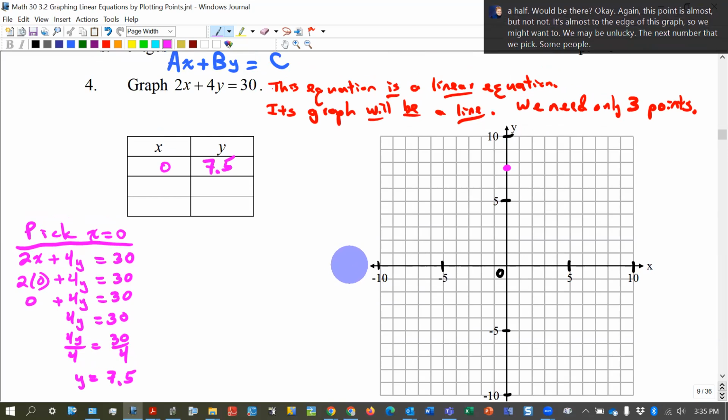Some people will just always pick X equals 0, and then for their second one, they'll always pick X equals 10, and for their third one, they'll maybe pick X equals -10. Or maybe they'll always pick 5 and -5 or something like that. That's fine. Let's see what happens if we pick X equals 10.